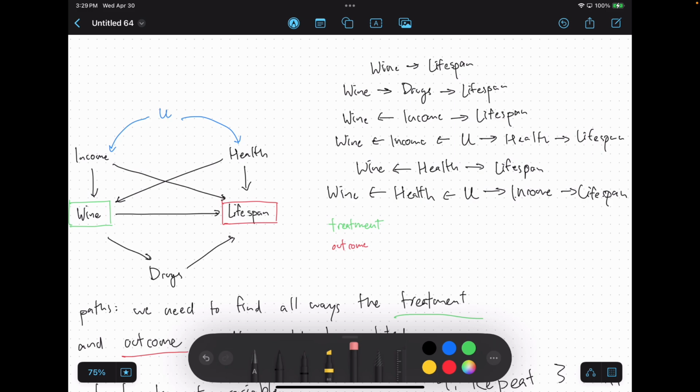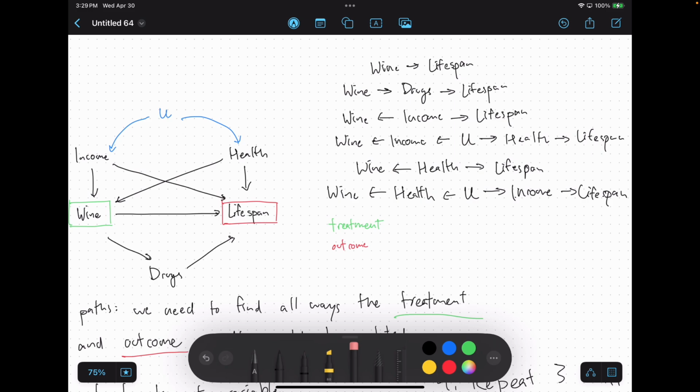So all I did was follow the procedure to generate all of these. Each of these represents a plausible story that tells us how wine and lifespan may be related. Okay? And any one of these plausible stories could represent the true relationship between treatment and outcome. And not all of them are causal, right?